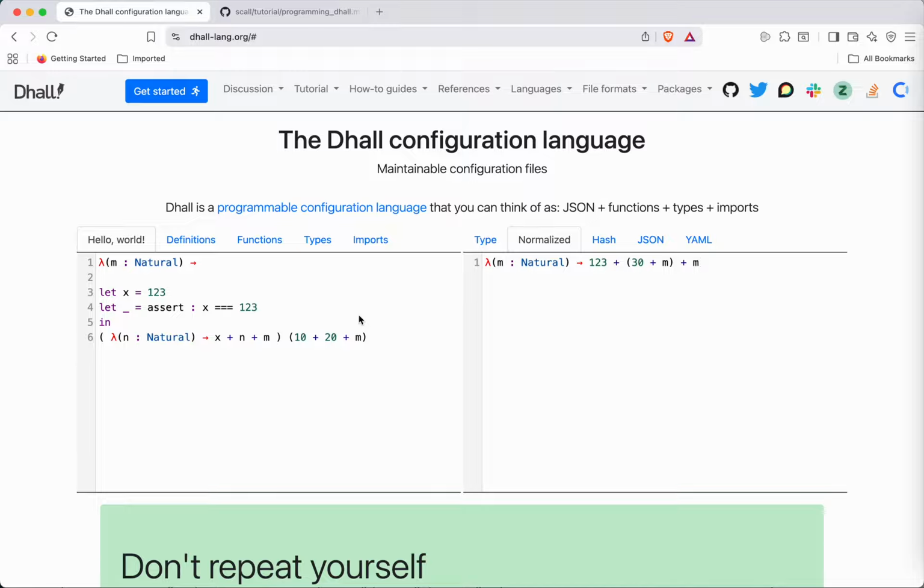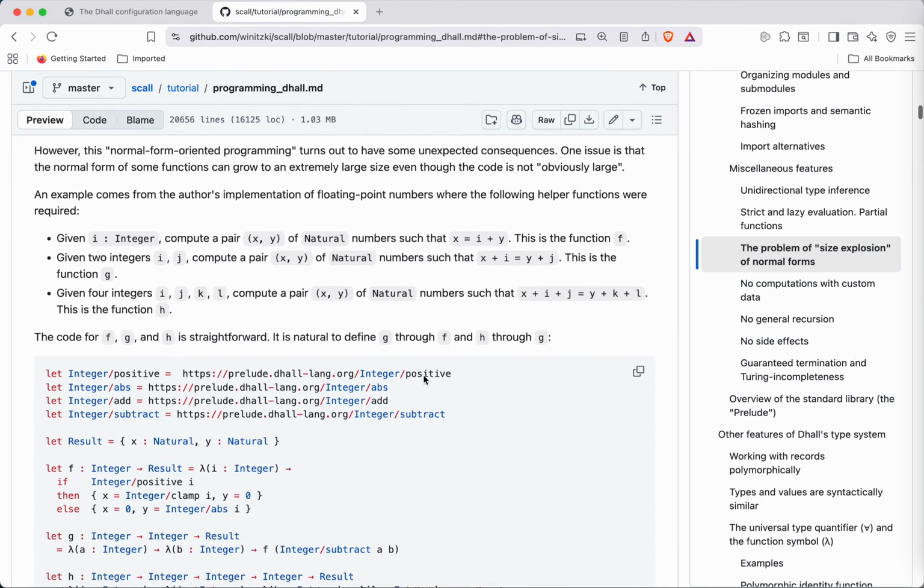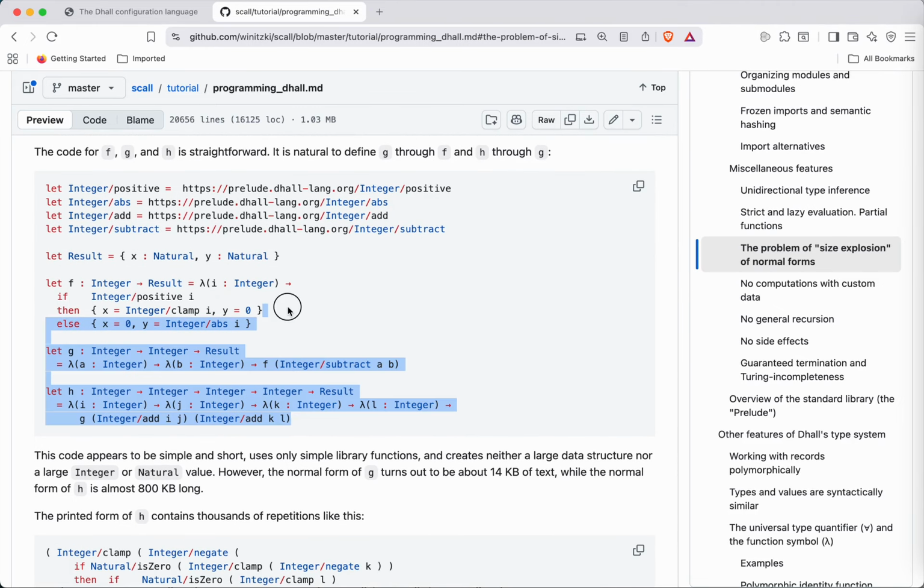It has a very simple module system where you can write functions in different modules and then import those functions later and use them. And the result, if you do that sometimes, is that even short code like this, seemingly short code, actually has a very large normal form. The normal form of this h here, after all substitutions, is about 800 kilobytes of lambdas, essentially, different kinds of lambdas all over.